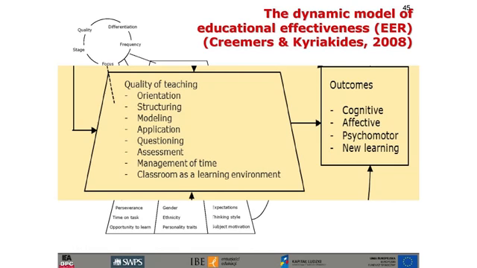They are described in a very wide manner: cognitive, affective, psychomotor, and new learning. So the model is a generalization of a theory, because this doesn't imply any particular pedagogical approach or a particular outcome. It's just really a very general description.